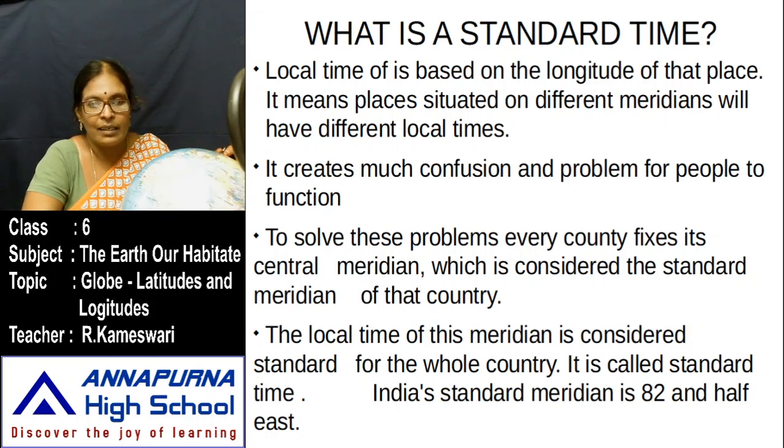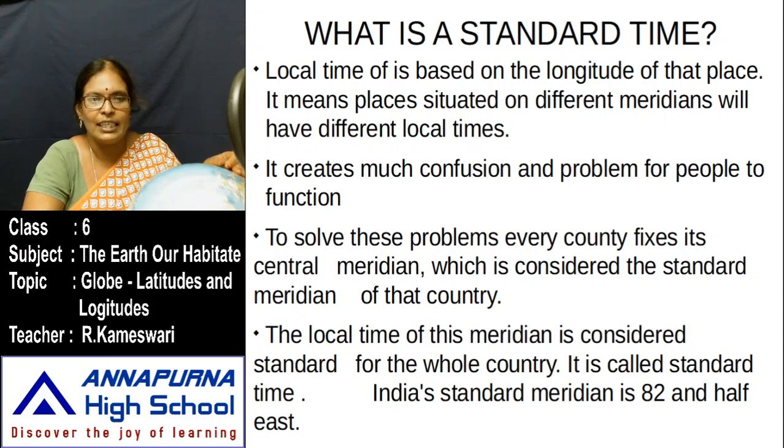All the people take different longitudes, so the times also differ from one area to another area. It increases so much confusion and problems arise. People did not have one fixed time to do their work. That's why it creates a lot of confusion.